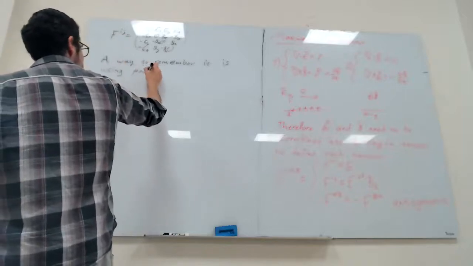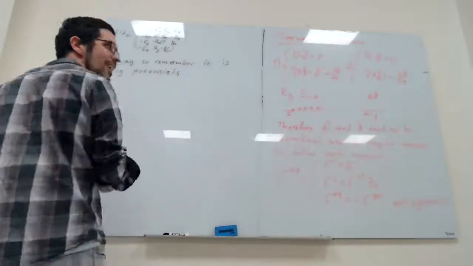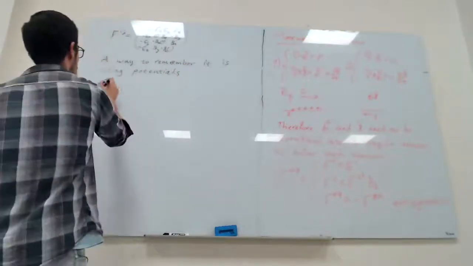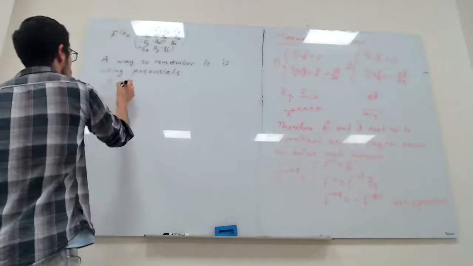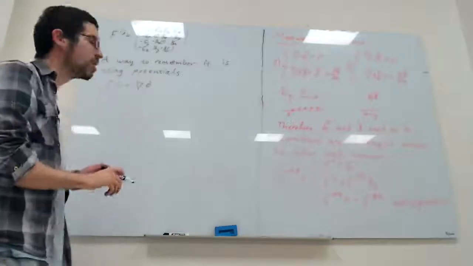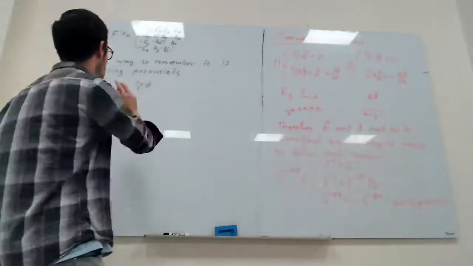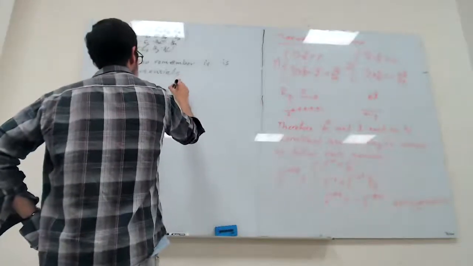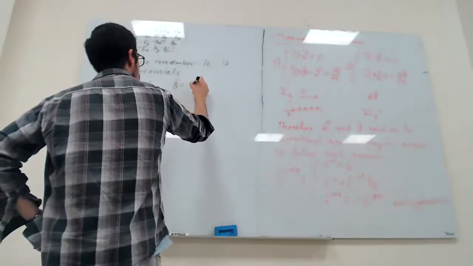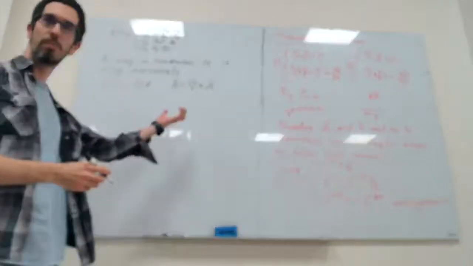You also see it in quantum mechanics or something. We have E equals minus gradient of phi, and B equals curl of A. These are the potentials.